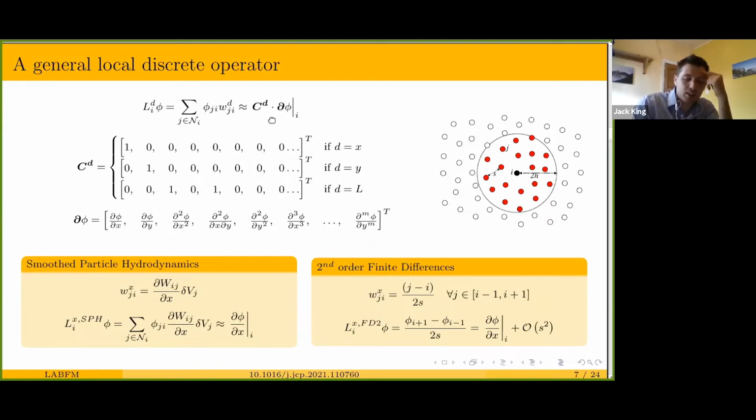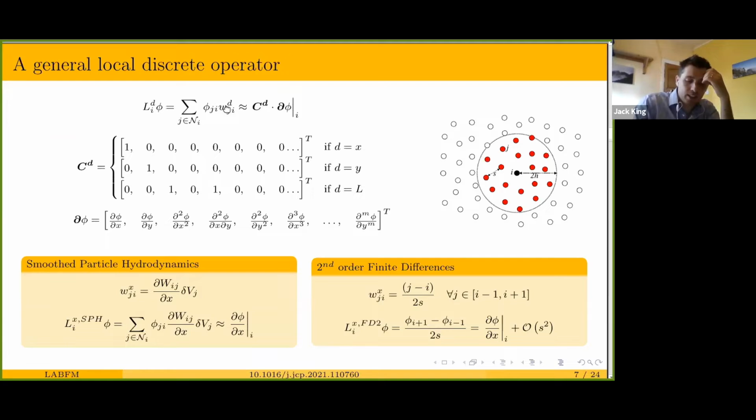So L approximates a specific partial derivative, and this vector of partial derivatives and a kind of flag vector are simply a notation we've introduced to identify which derivative we're trying to approximate. So for example, if we're trying to approximate d by dx, then we set the first element of C^D equal to 1, in which case this term is equal to d by dx.